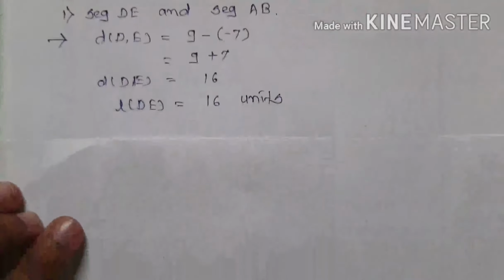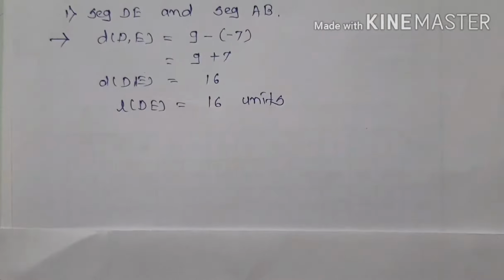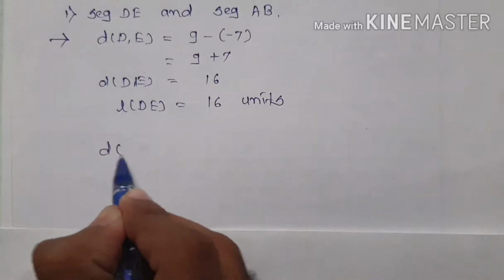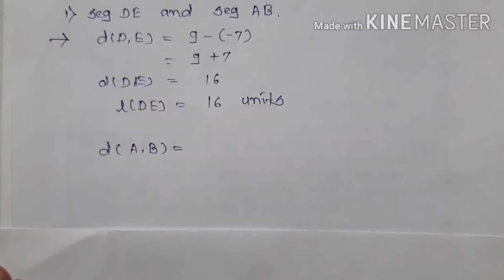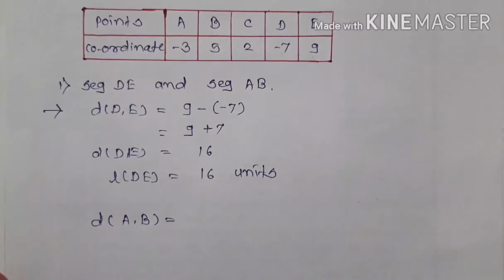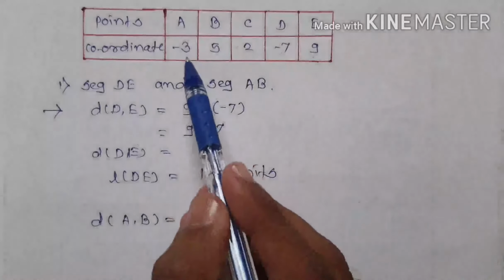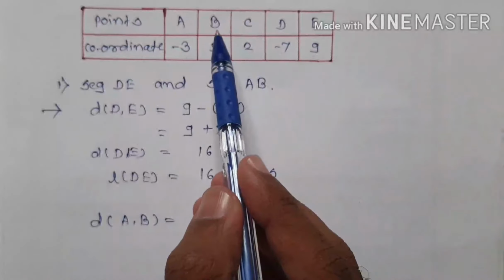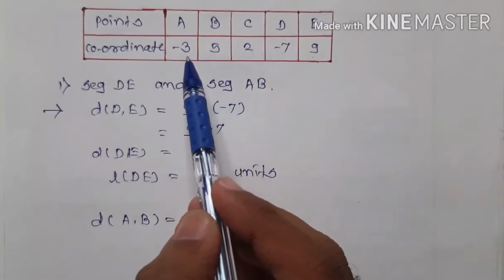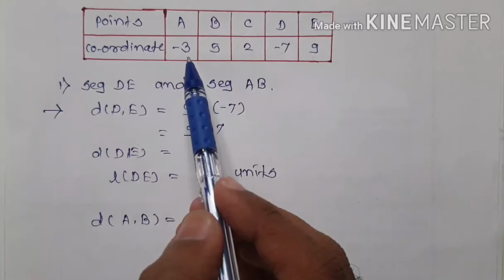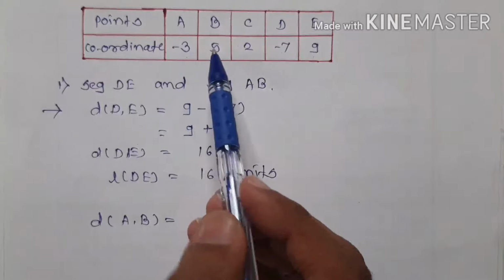Similarly, we have to find the length of the second segment, that is distance AB. For this also we have to compare their coordinates. The coordinate of point A is -3 and the coordinate of point B is 5. So again the smaller coordinate is a negative number, that is -3. So we have to subtract it from 5.